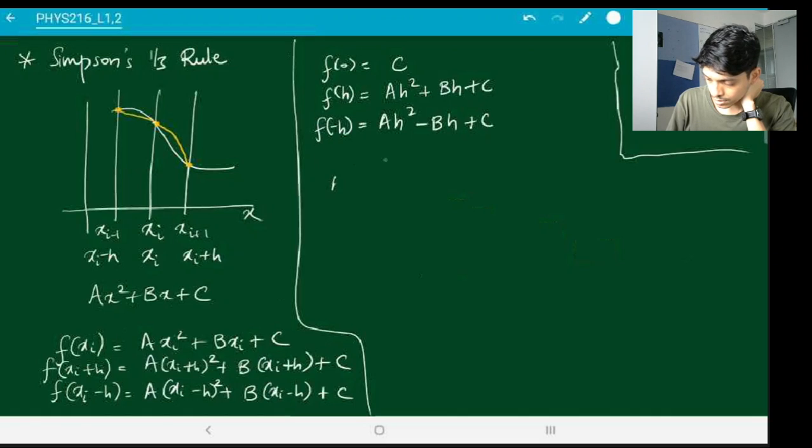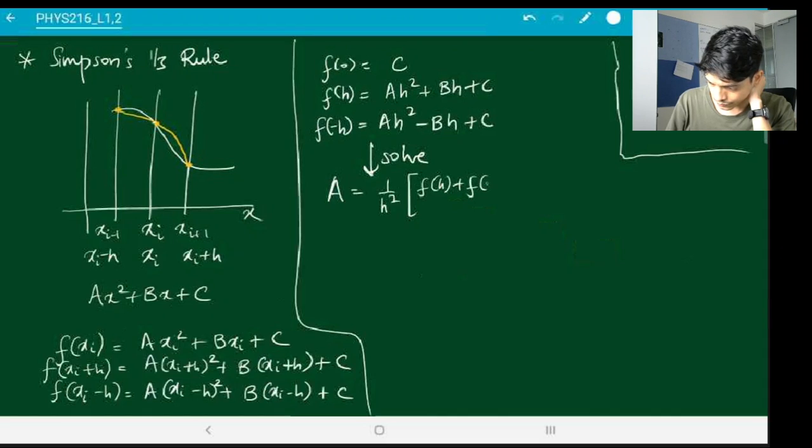If you solve these, you get a equals 1 over h square times f of h plus f of minus h over 2 minus f of 0.